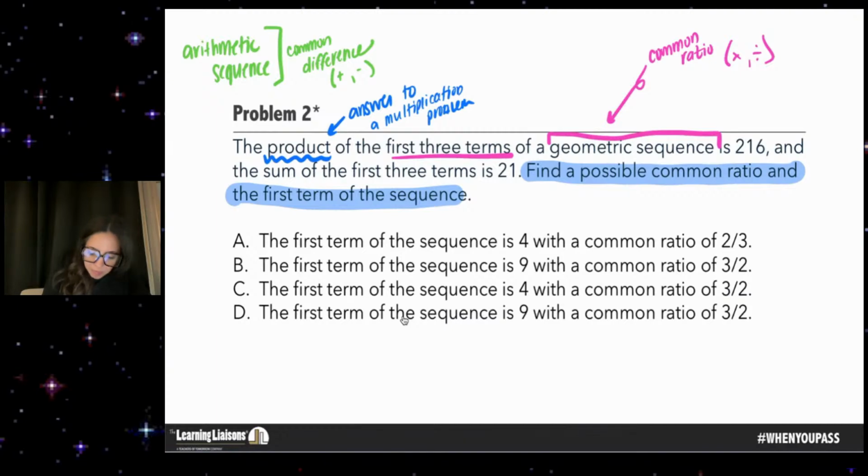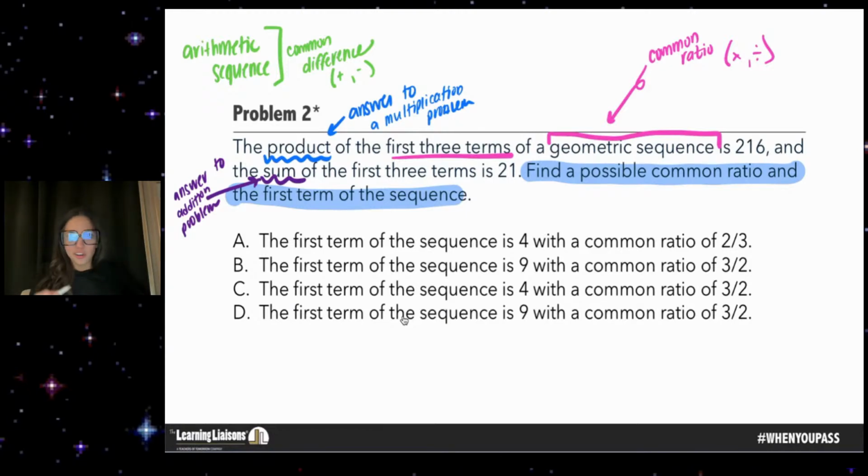And sum is the answer to an addition problem. The product of the first 3 terms of a geometric sequence is 216.